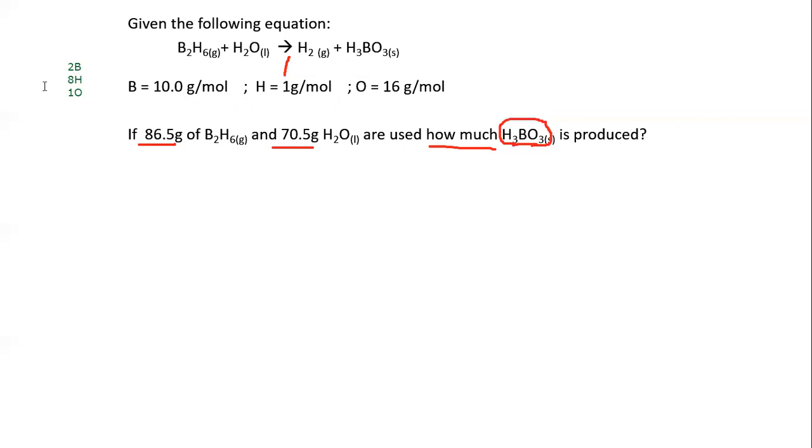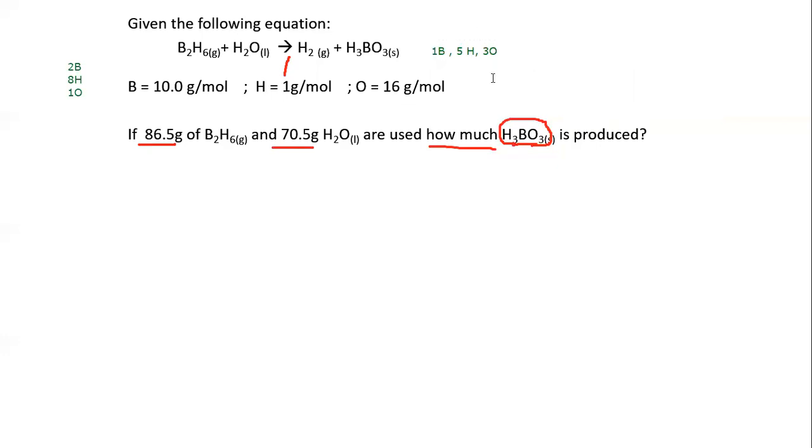So that's on the reactant side. On the product side, we have 1 boron, 5 hydrogen, and 3 oxygen.